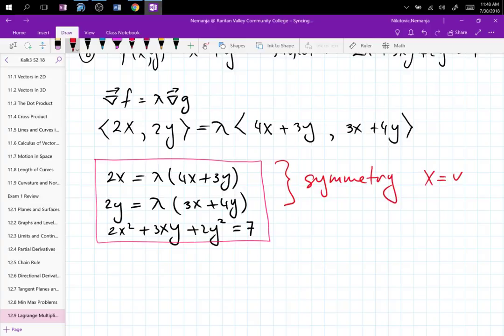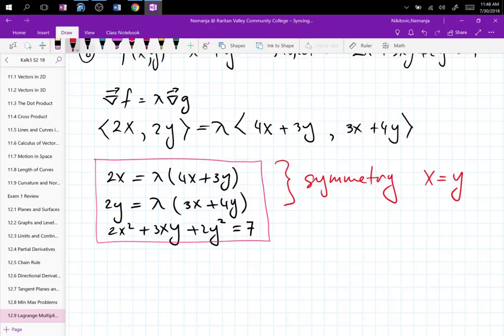Then you just need to plug that x equals y into the third equation and you are done. If you have symmetry, it is going to be 2 or 3 lines of solution. Now, probably you have a whole page of blood, sweat, and tears, but that's okay. It's a learning experience.